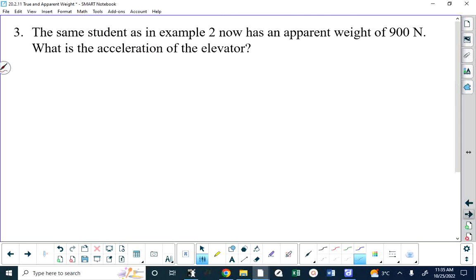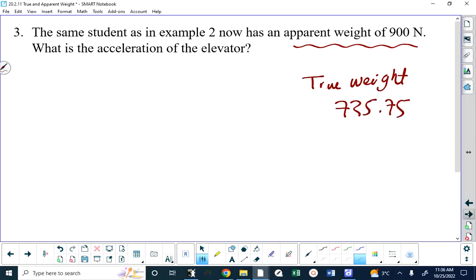Well, what if they had an apparent weight of 900 newtons? Their true weight was 735.75 newtons. Did I remember that rightly?